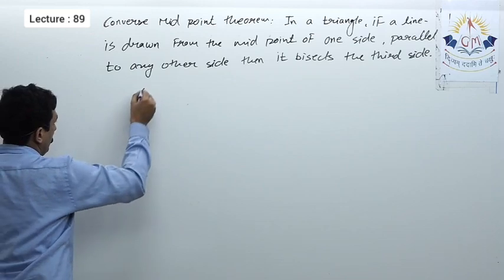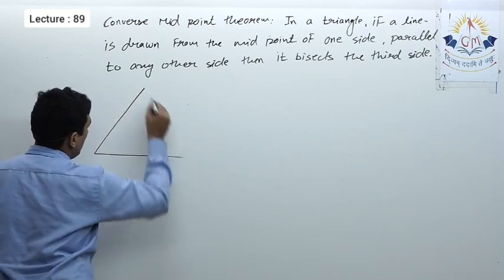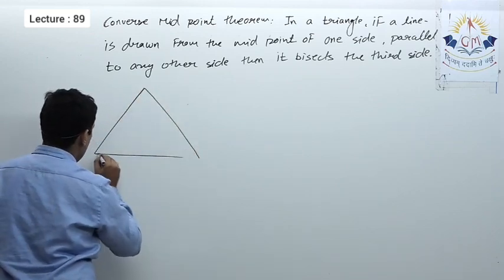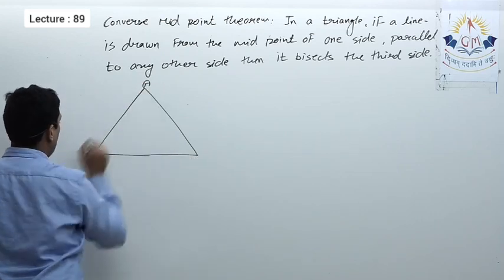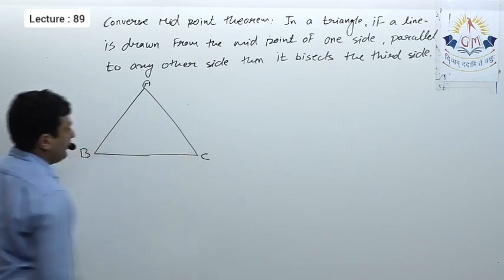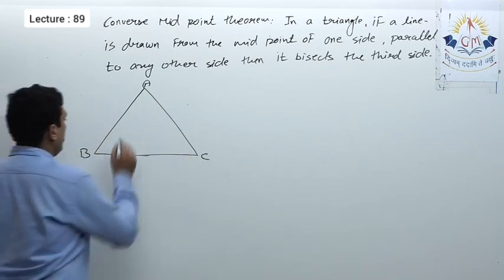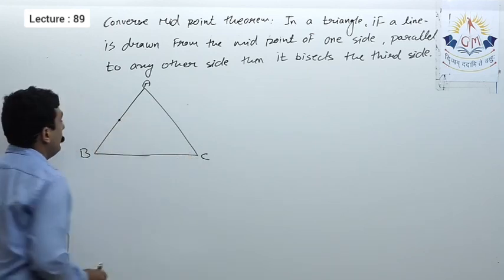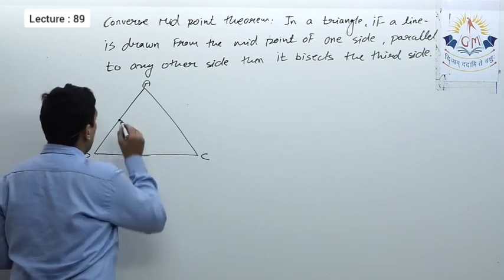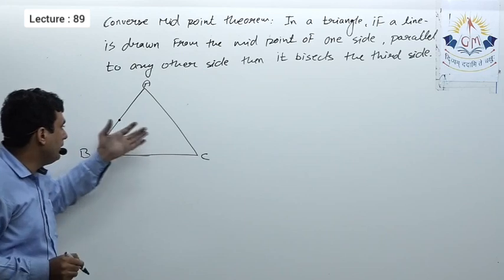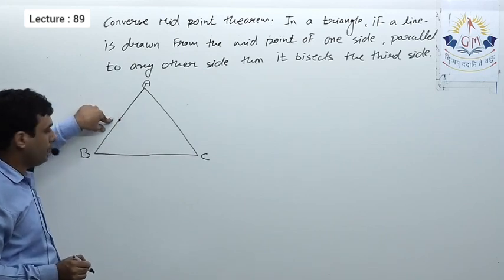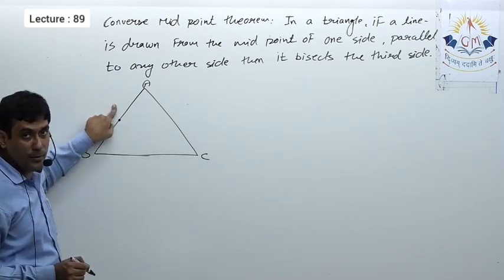Okay, so it is something like this. There is a triangle ABC. Now, if a line segment is drawn from the midpoint of one side, suppose I draw it from the midpoint of AB, and this line segment is drawn parallel to any other side. As I am drawing from the midpoint of AB, I won't be able to draw parallel to AB.